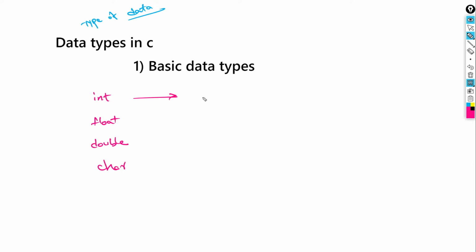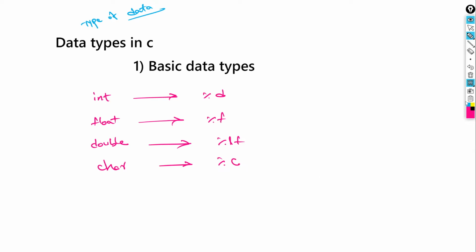To print integer data, we need the format specifier %d, or %i can also be used, but mostly I use %d only. To print float values, %f is used, and to print double values, %lf is used. To print characters, %c is used.